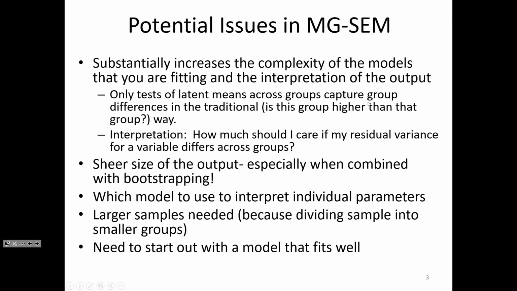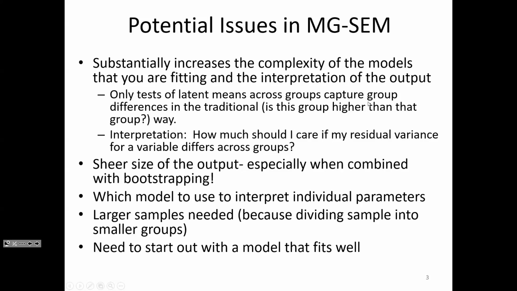But if you're comparing three groups, it gets much more complex. Let's say we've got Black, white, Latinx. Is there a difference between Black and white? Black and Latinx? White and Latinx? So with three groups there are three potential comparisons. Four groups, there are even more comparisons.